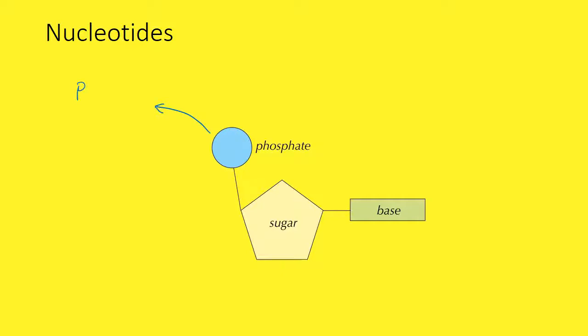So we've got a phosphorus atom with double bond oxygen, and then single bond oxygen here. 2 of those oxygens are bonded to hydrogens and with hydroxyl groups, and the hydrogen that was on the remaining oxygen has gone. However, that oxygen has kept its electrons, so it's got a negative charge there. So that is the phosphate ion that occurs in nucleotides.